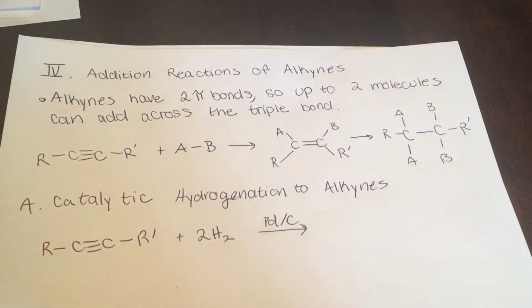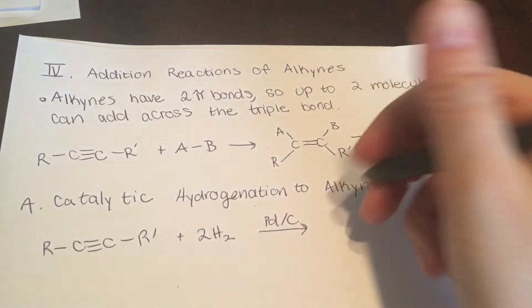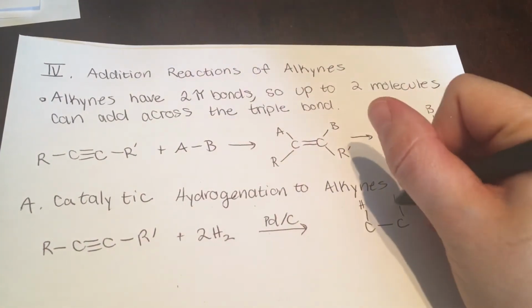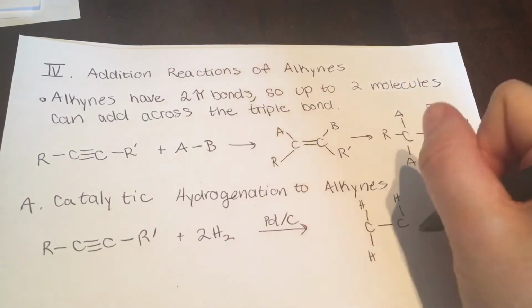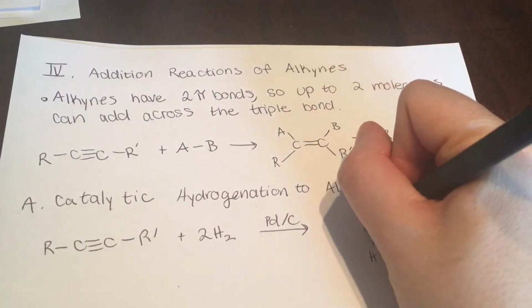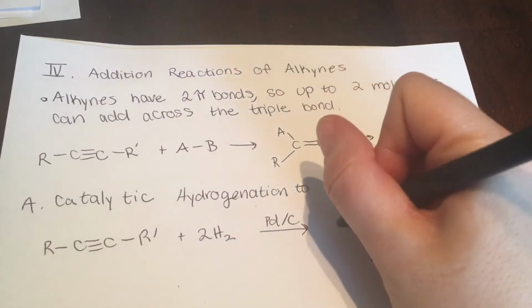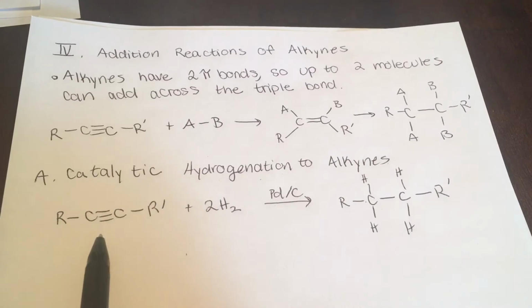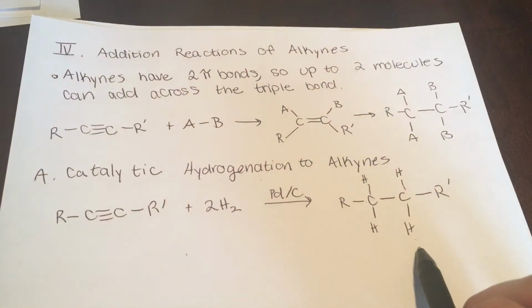So one is going to turn it into a double bond. The second one, it's going to keep going and turn it into a single bond. So we are going to get 2 equivalents of H2 gas added across that triple bond to form a single bond, an alkane. So this is one way that we can take an alkyne and turn it into an alkane.